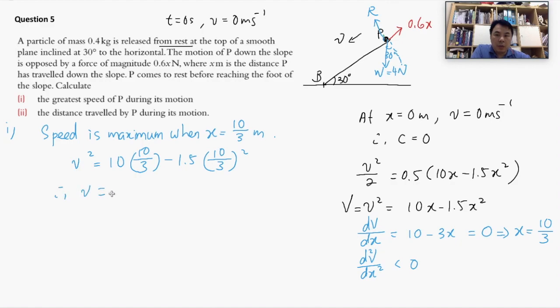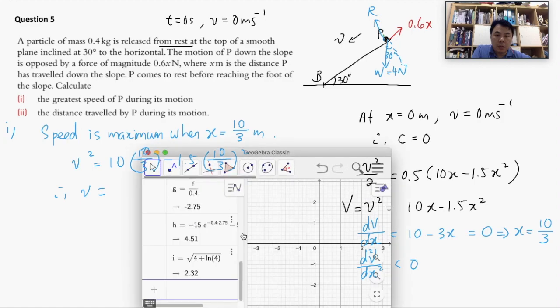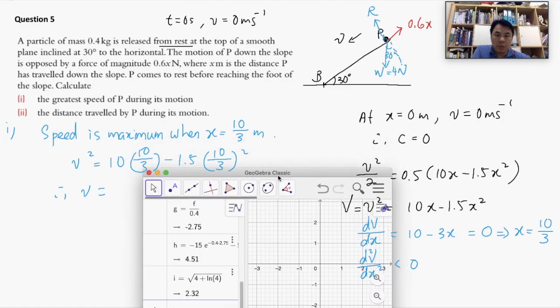Therefore, V is, okay, let me try to use the calculator. Maybe it's faster, maybe it's slower, not sure, but let me give it a try. So we have 100 over 3, subtract 150 over 9.